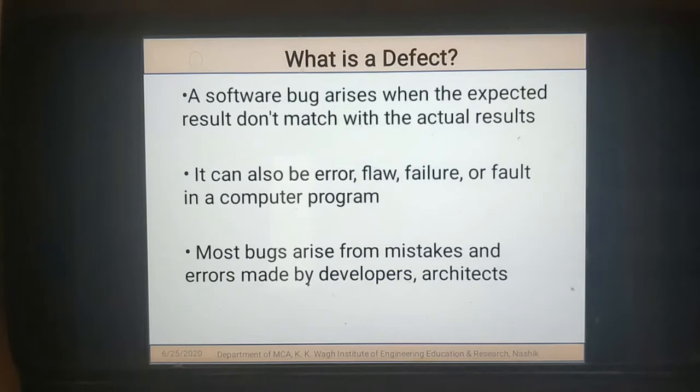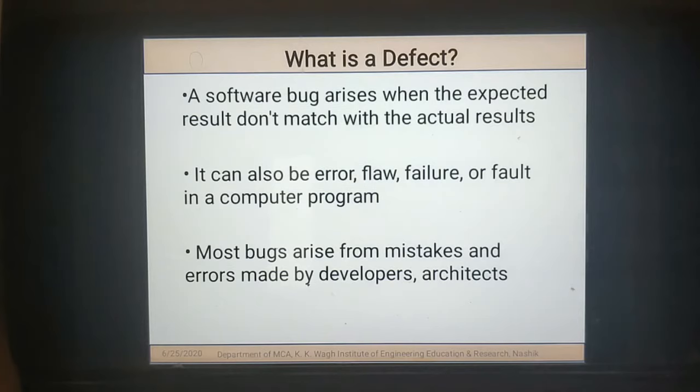In software also we use similar terminology, which is called a defect in testing also. While we implement the testing, we can use this. When we test the software, software bugs may arise. When we are checking the output of the system, and the expected output does not match the actual output, at that time we may call it a defect in the system.